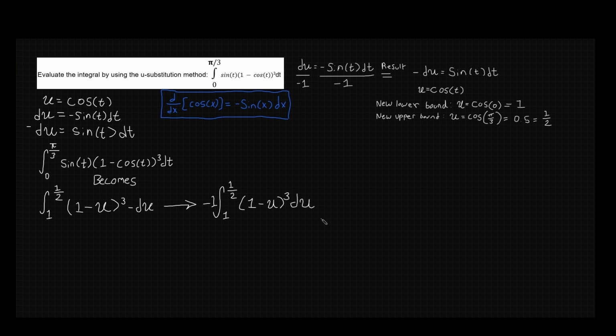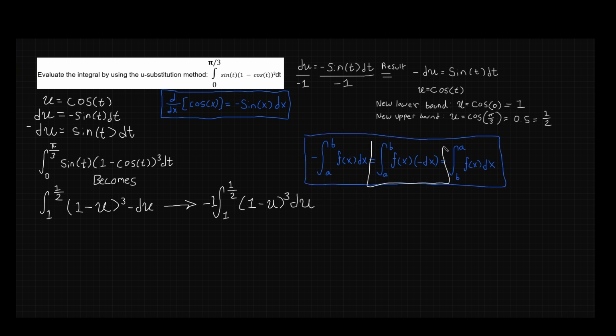Let me go ahead and just show y'all what I mean. So there's a standard property. This is the standard property, and I just want to point out that this is the same thing as what we have right here. And this is essentially the same thing as what we have here.